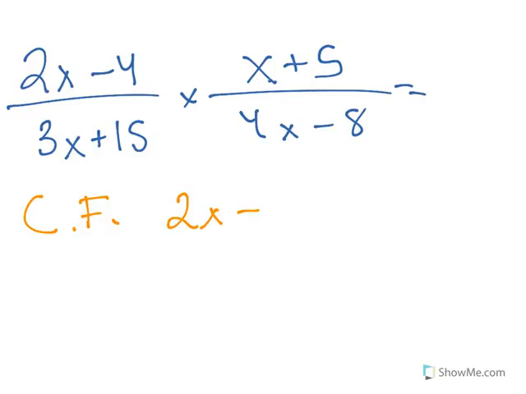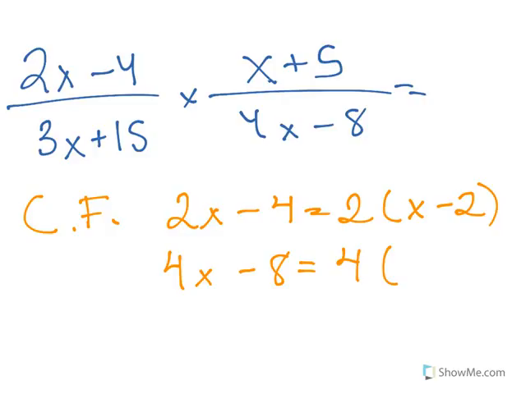If you have 2x minus 4, you can factor out a 2 and get x minus 2. And if you have 4x minus 8, you could factor out a 4 and get x minus 2.